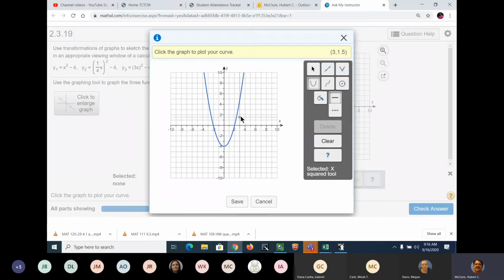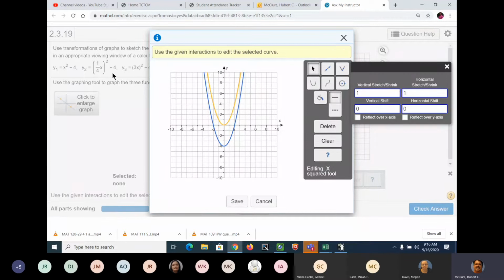So I'm going to go here and I'm going to hit parabola, and it's got a -4 on the vertical shift. And horizontal stretch, you can put it here. Let's see, it's going to be a horizontal stretch of 1/4.